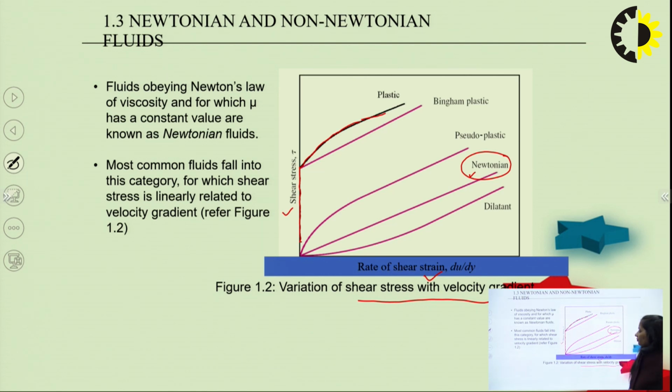This is called the yield value or yield stress of the particular plastic fluid. We have to reach this level to produce deformation. So this kind of fluid, where we need to cross a yield value, is called plastic.